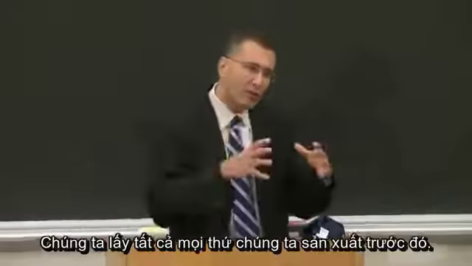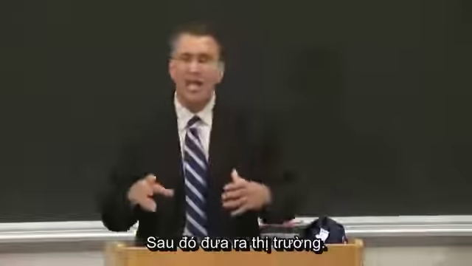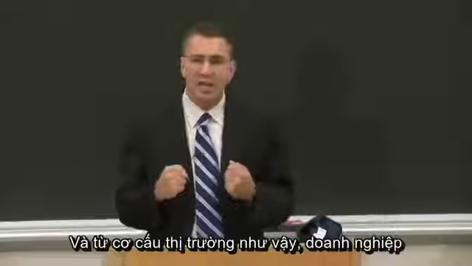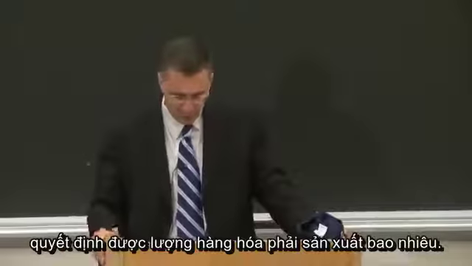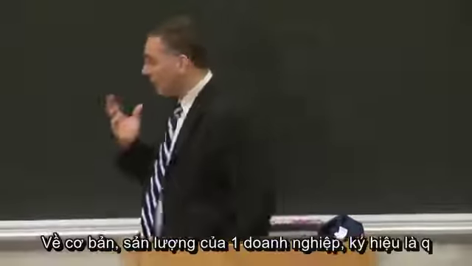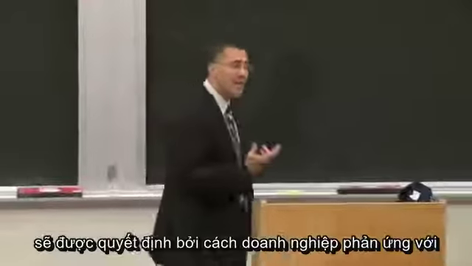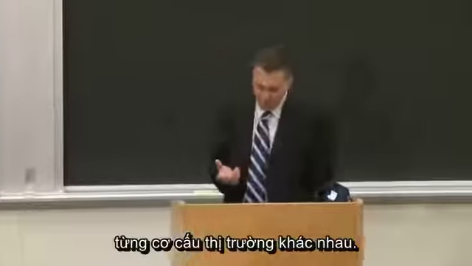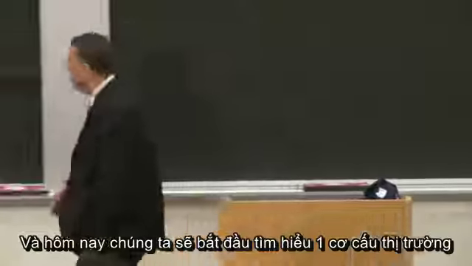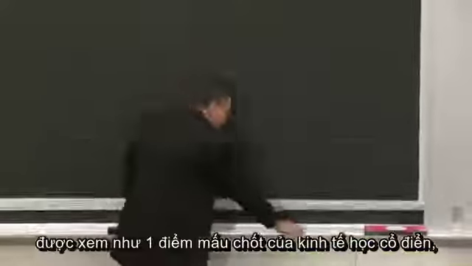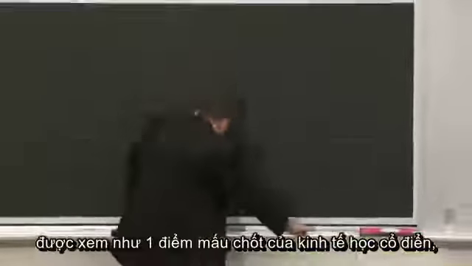So we take all the stuff we did before and put that in a market, and the market interacts with the firm, and from that market setting, the firm derives how much to produce. Okay? So basically, the level of production for a given firm, little q, will be derived from how firms behave in different market settings. And the market setting we're going to start with today is the classic starting point for economics, which is the market setting of perfect competition.